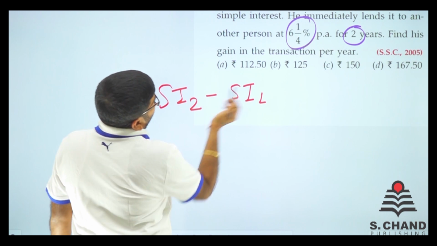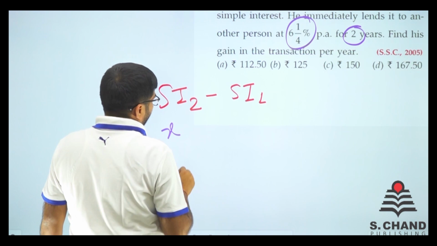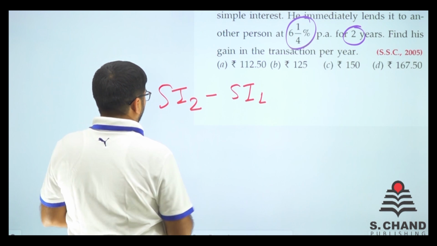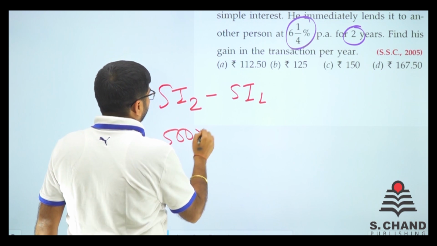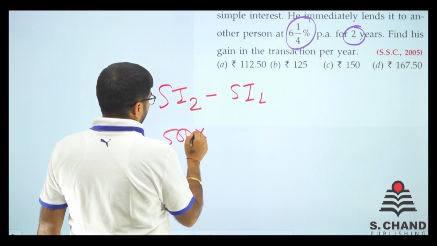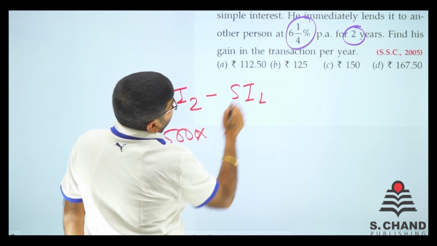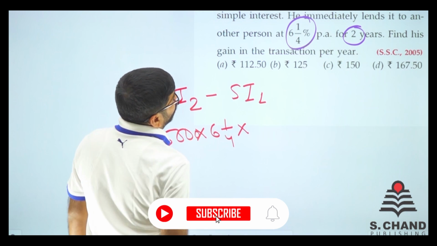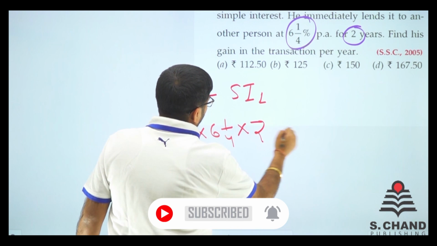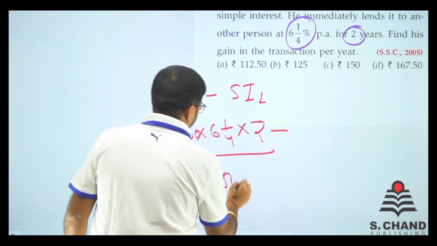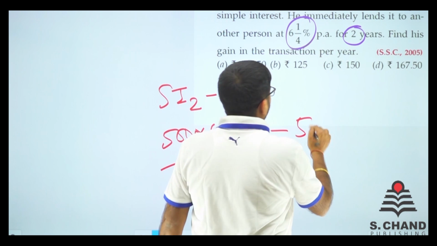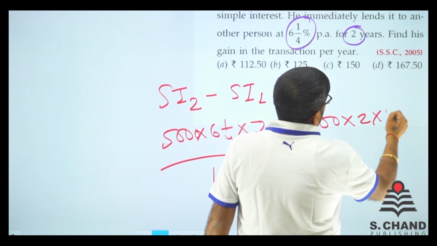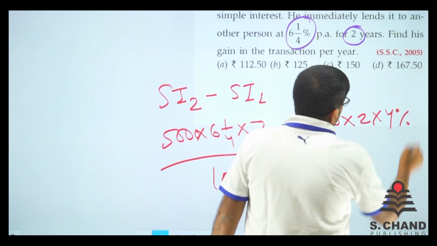The principal is given, 5,000. So 5,000 into R, the rate of interest 6 1/4, into T, that is 2 years, divided by 100, minus 5,000 for 2 years into 4%.